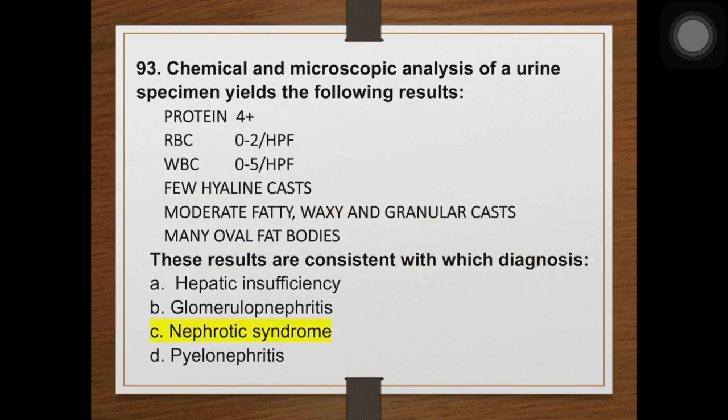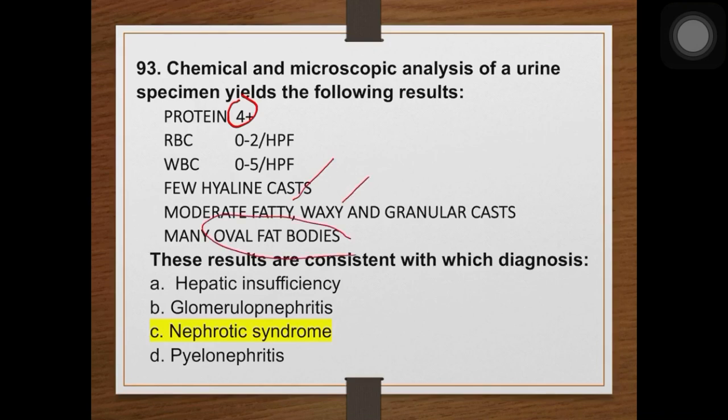Number 93, chemical and microscopic analysis of a urine specimen yields the following result. Dito po, 4 plus ang urine protein, 0 to 2 yung red cell, normal po ito, 0 to 5 WBC per power field, normal din po, a few hyaline casts, pero yung microscopic niya may fatty, waxy, granular casts, and oval fat bodies.